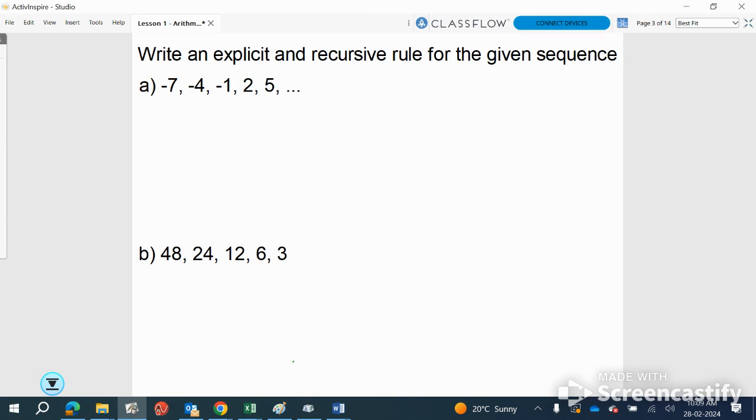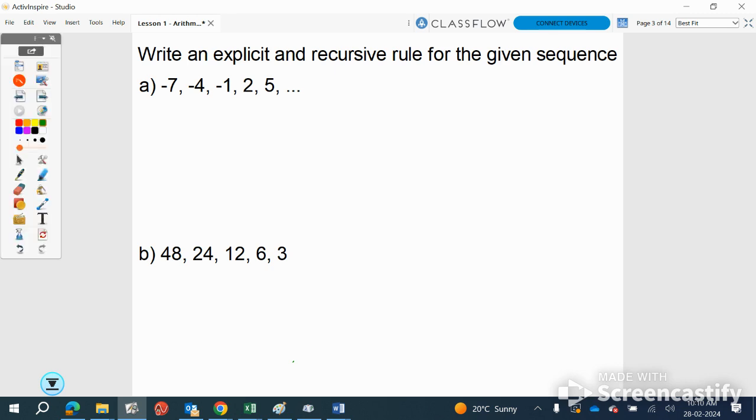So the first one, is it arithmetic or geometric? Arithmetic. Who did this? Who did both? Put your hand up. Okay. Do the first. Is it arithmetic or geometric? Arithmetic. What's the common difference? Plus 3.